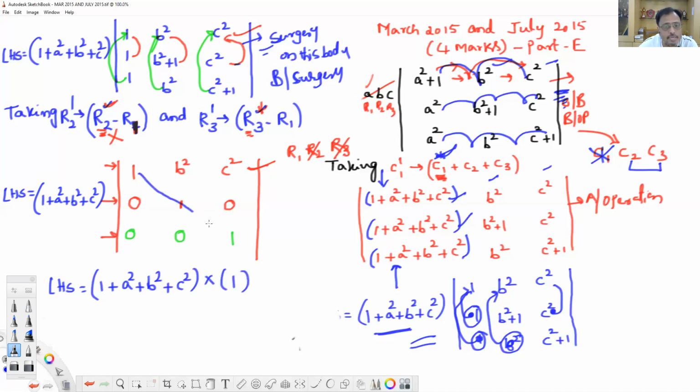This is the principal diagonal, and one side of the principal diagonal elements are zeros. The value of the determinant can be obtained by multiplying the diagonal elements: 1 into 1 into 1, 1. Therefore, the final result will be 1 plus a square plus b square plus c square, which is equal to the RHS.